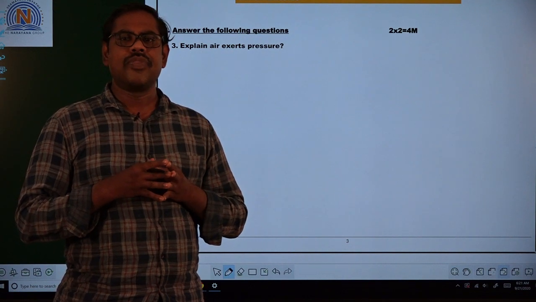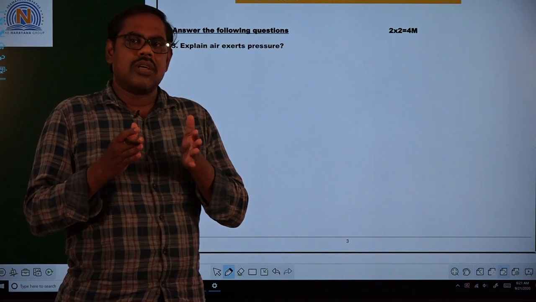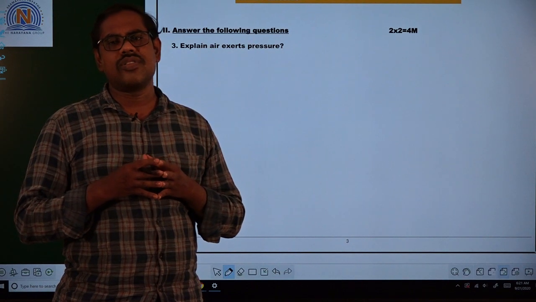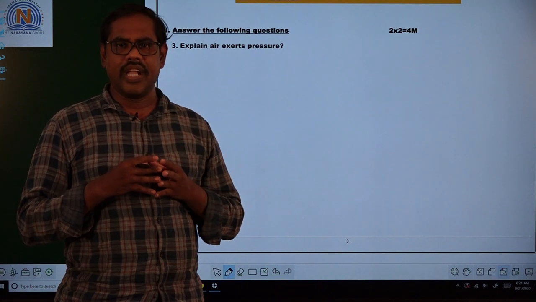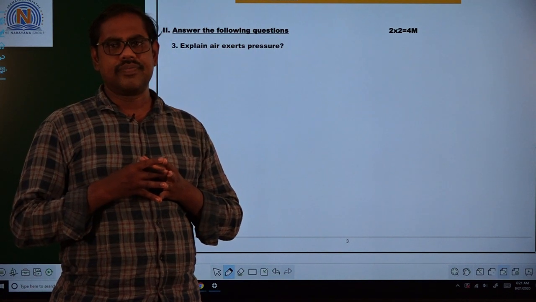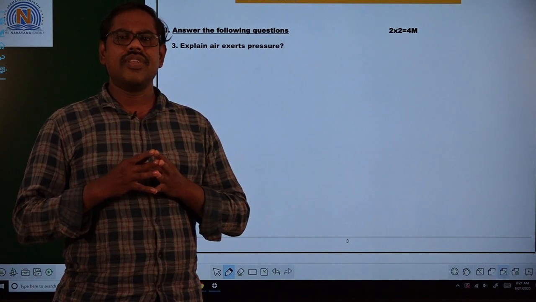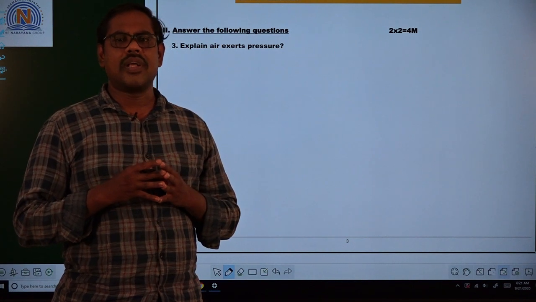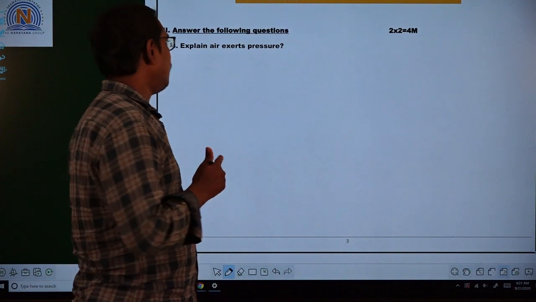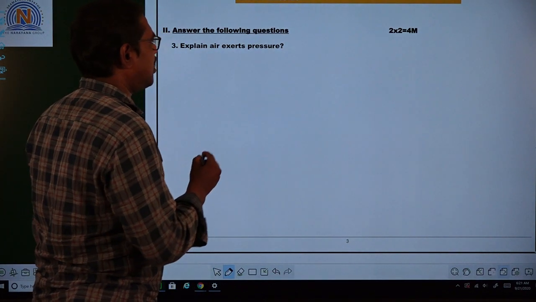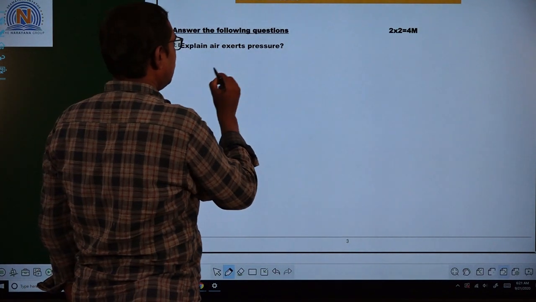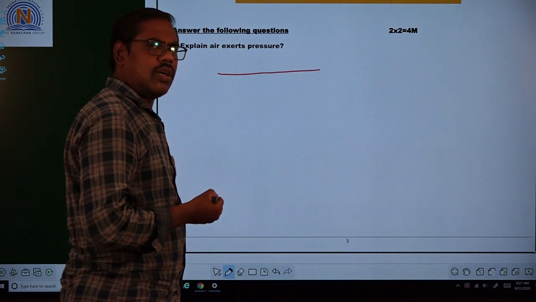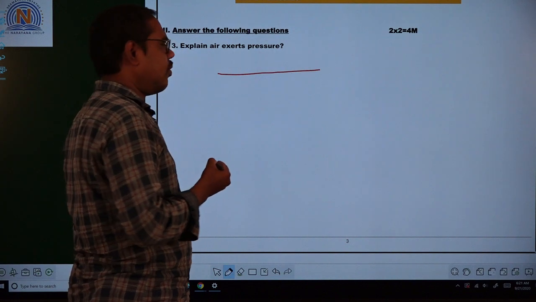What is the reason? Between the balloons, the air pressure is reduced. Why is it reduced? Due to high speed. The air flows from high pressure area to low pressure area. So, to explain air exerts pressure: take one rod and two balloons, blow air into the balloons.